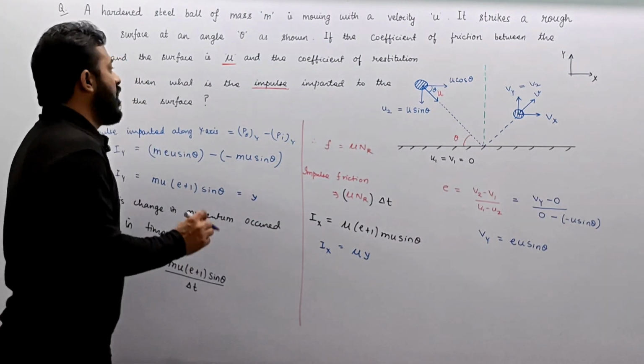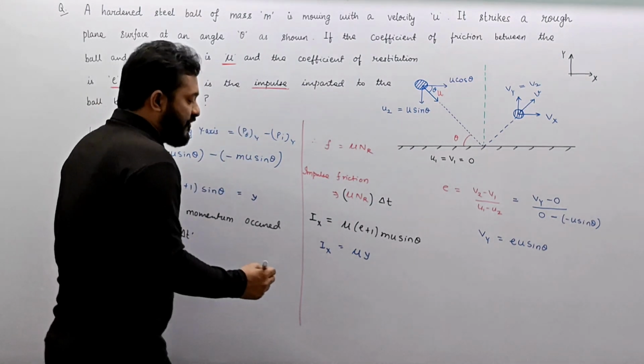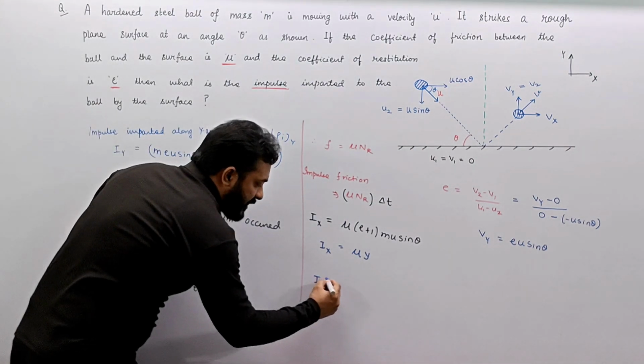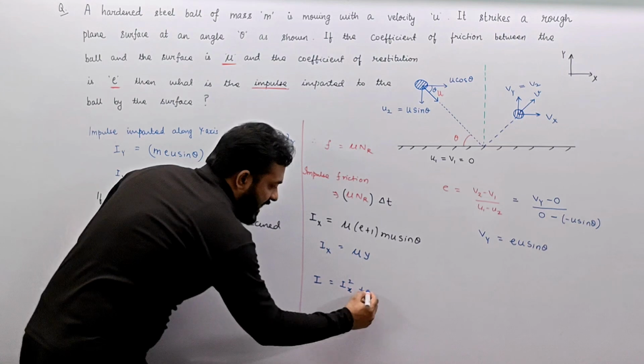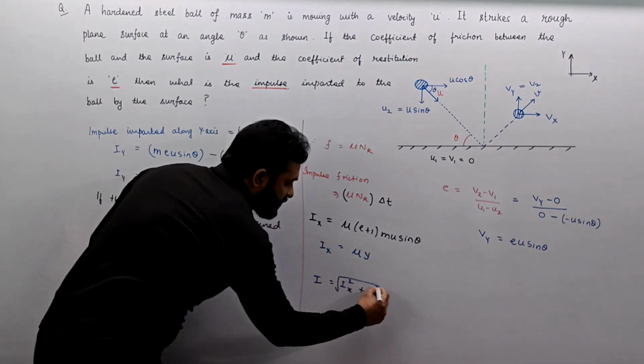Now, since the problem is asking us to calculate the magnitude of impulse, and impulse is a vector quantity, we write it as the square root of Ix square plus Iy square.